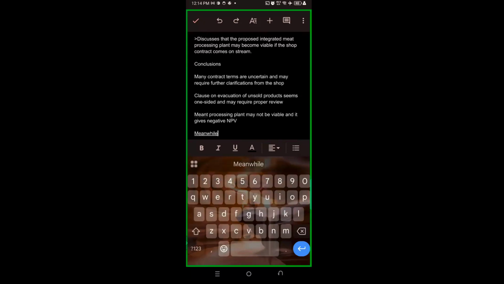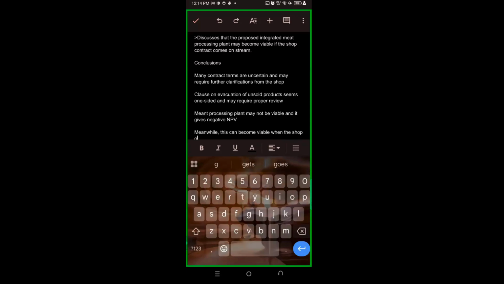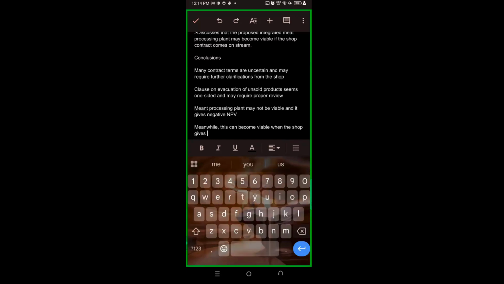Meanwhile, this can become viable when the shop gives further costing information.